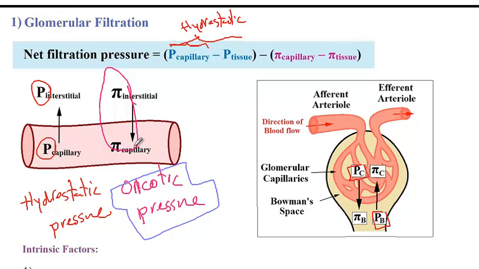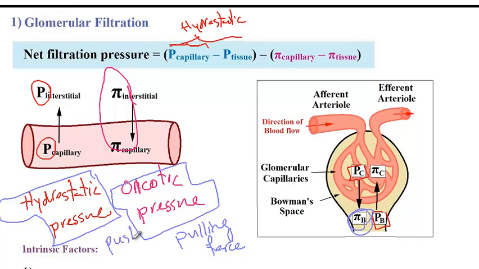Oncotic pressure likes to pull fluid inside. So pi of the capillary is trying to prevent filtration, while pi of the Bowman's capsule, which also has some osmotic pressure, is trying to pull fluid towards itself. Another way of putting it is that oncotic pressure is a pulling force, while hydrostatic pressure is a pushing force.